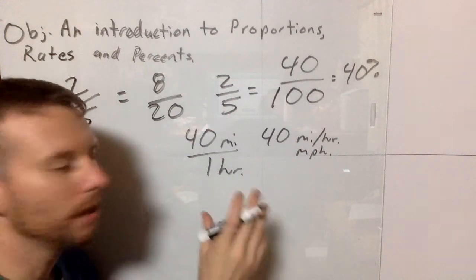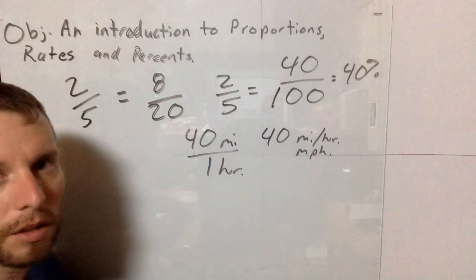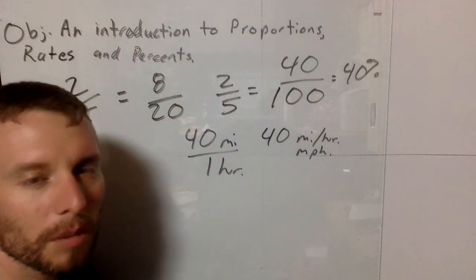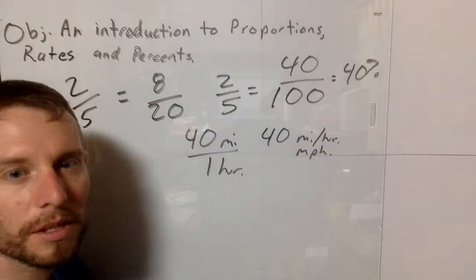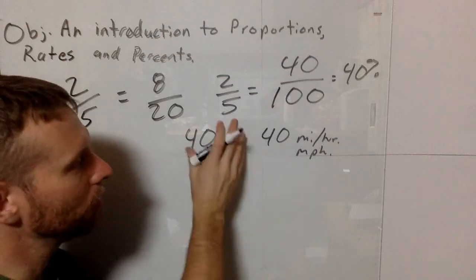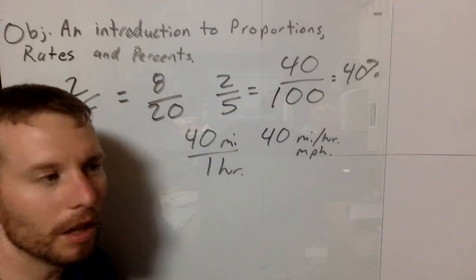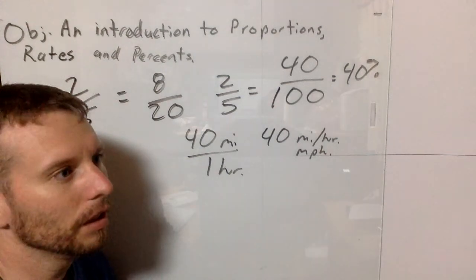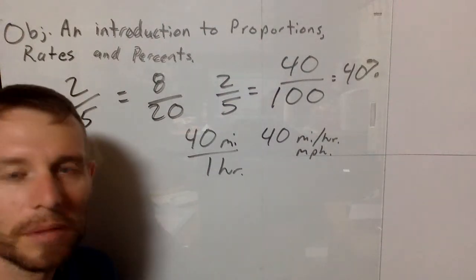But here you can see that you're not comparing miles to miles. I go hiking 20 miles, somebody else goes hiking 30 miles. That's still a proportion of how much I hiked to how much somebody else hiked. But a rate compares 2 different units of measure: feet per second, liters per, gallons per minute.